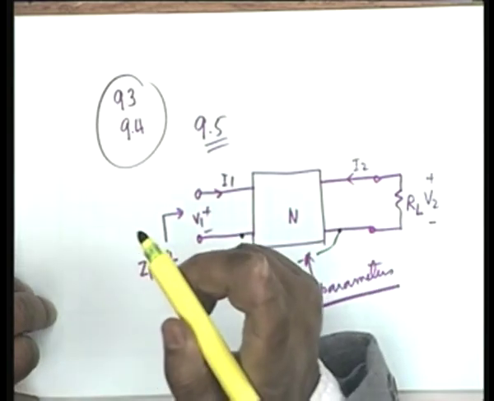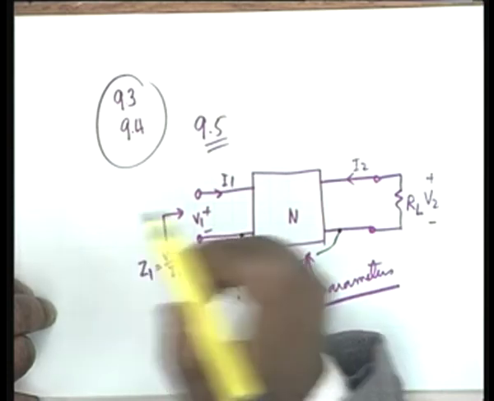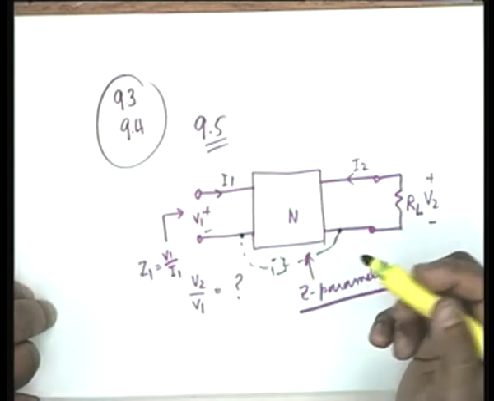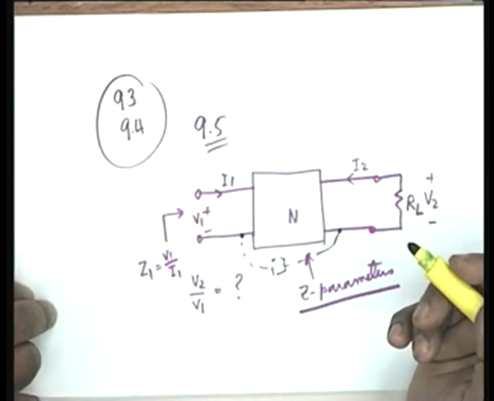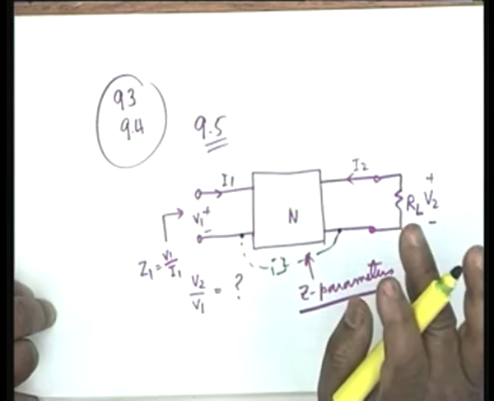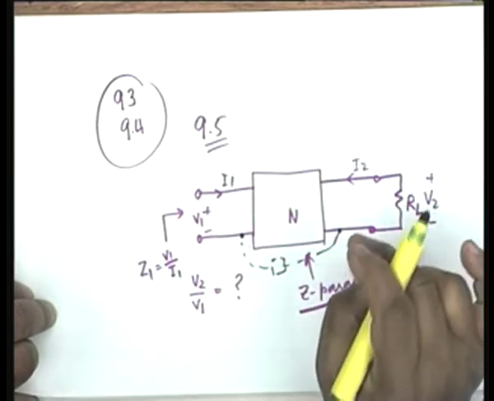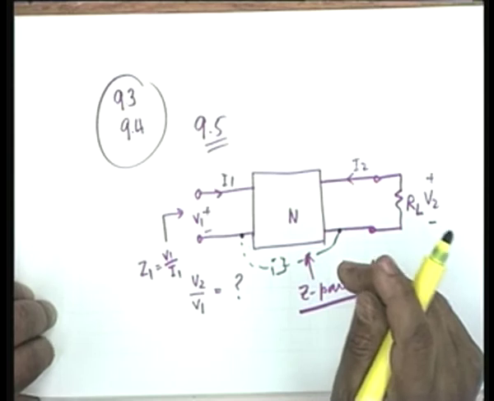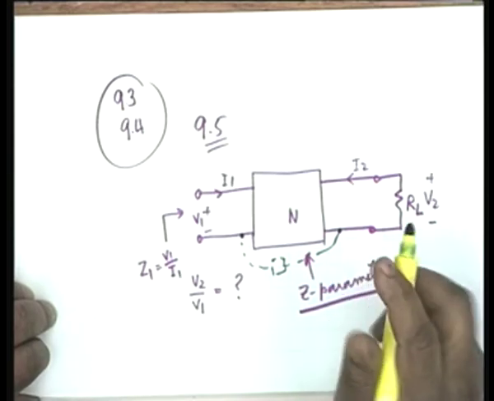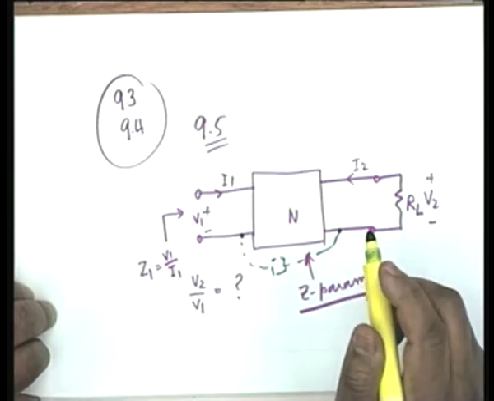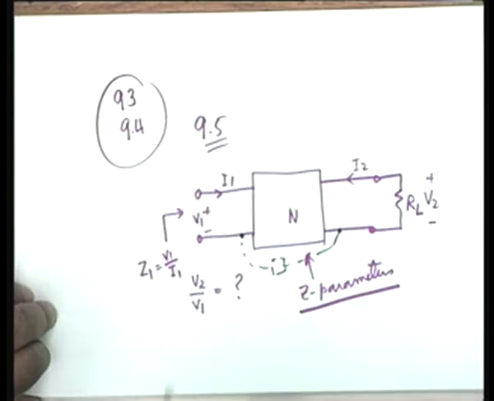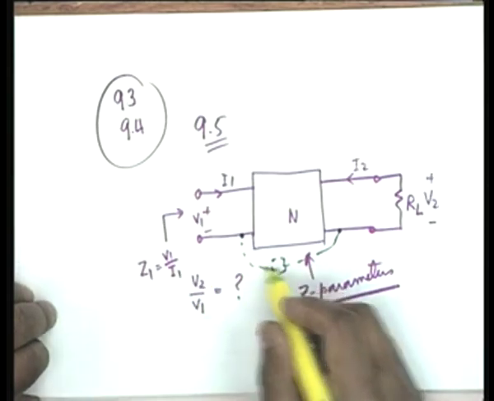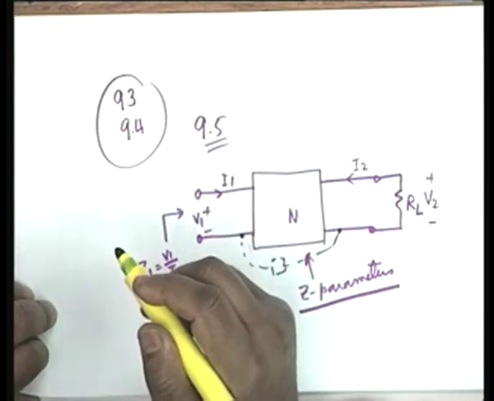Could we use the T parameter equivalent circuit? No, because then this element would have been short circuited. There is no such possibility of a calamity here, and therefore we can indeed use the T parameters. But as I said, it has to be used with caution. I have given you one situation where it cannot be used.